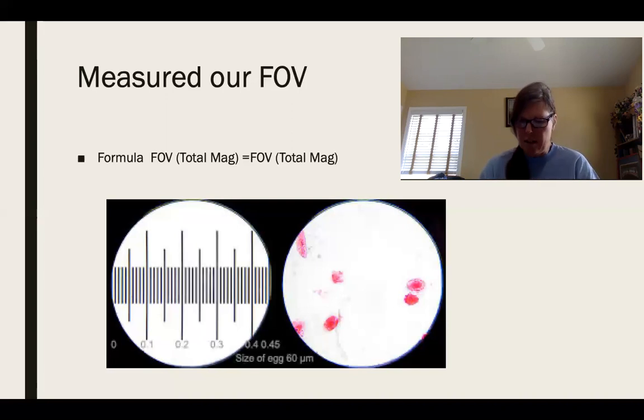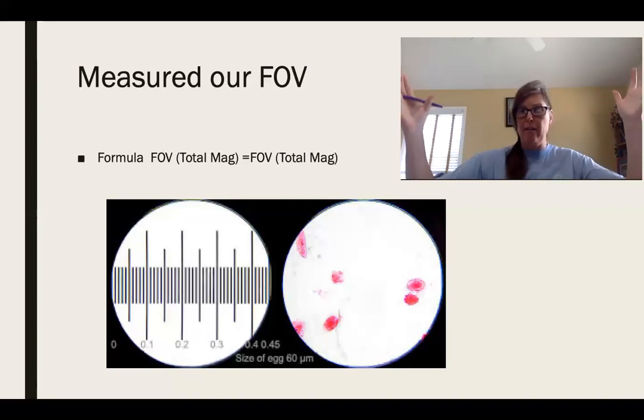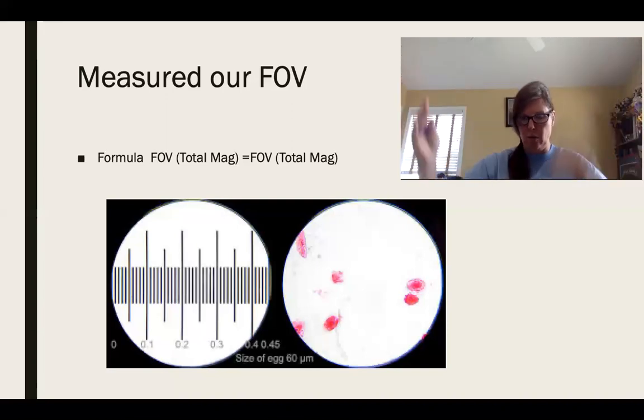Now you're going to do the same thing for your 40x. Remember the 40x, the ruler is too magnified, right? I only got like 2 lines, it's huge, because it's really zoomed in there. But again, I know my math for my low power.